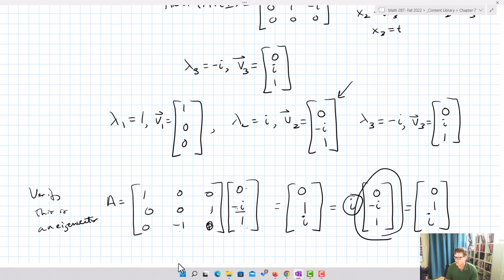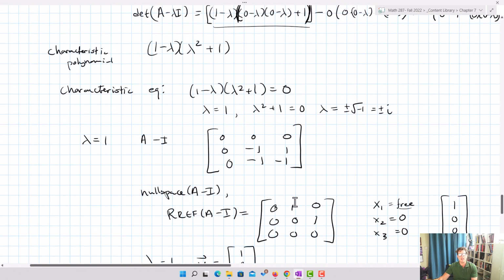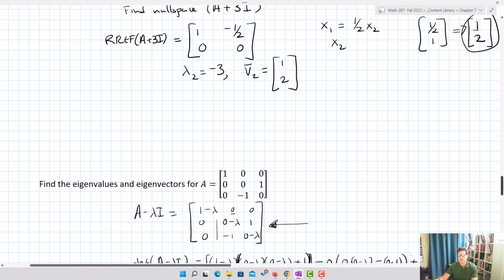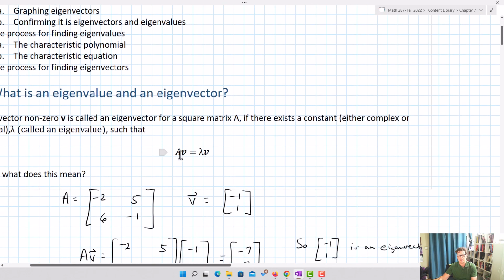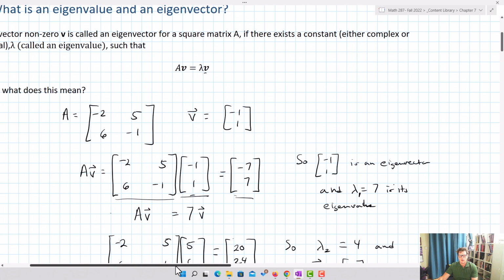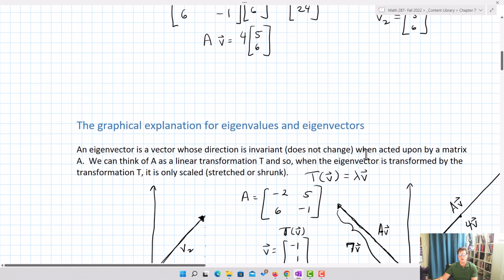We started out talking about what an eigenvector and an eigenvalue are. The eigenvector is the vector v that allows Av to equal lambda v. That is the definition of an eigenvector, and lambda is called our eigenvalue. We then talked about what it means to graph them.